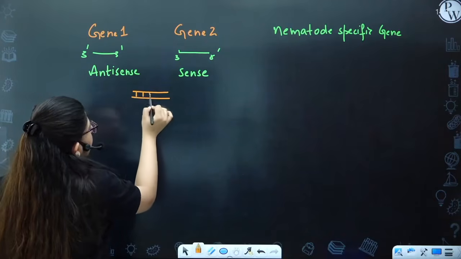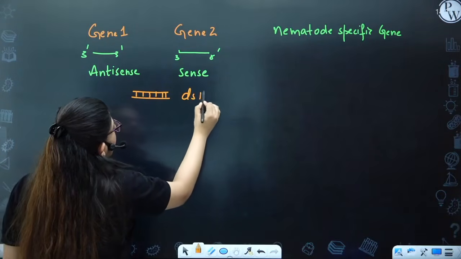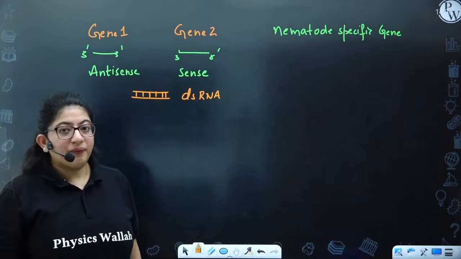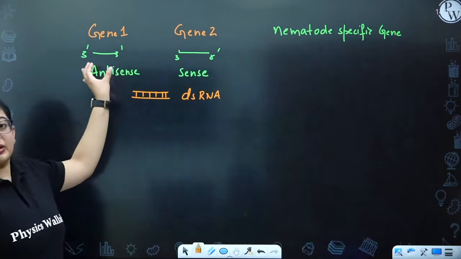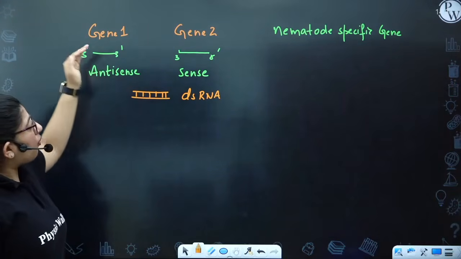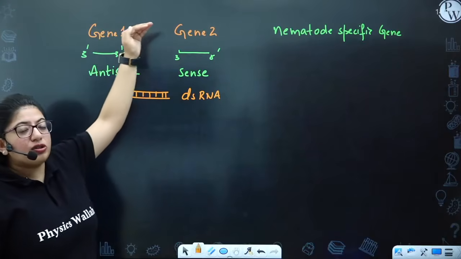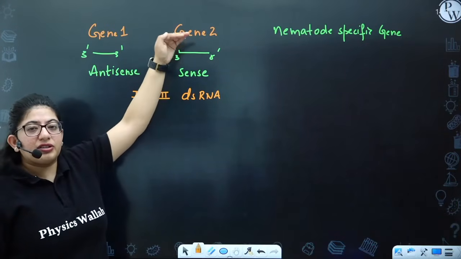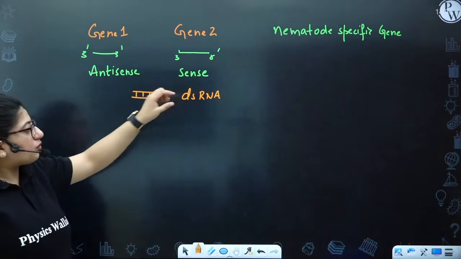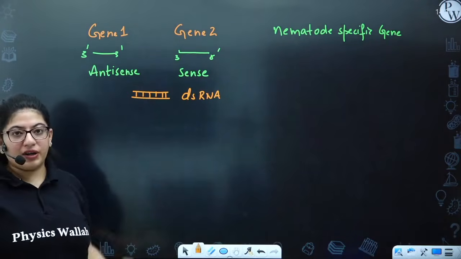Okay, these form double-stranded RNA because both are complementary to each other. That's why they are joining. So you have to take care that this gene is complementary to what? Your mRNA of the nematode. And we are also taking care that this gene will produce RNA that will be complementary to this, so that they will join and form double-stranded RNA.